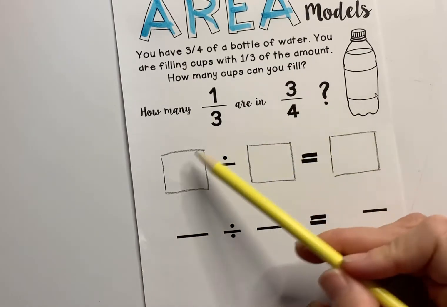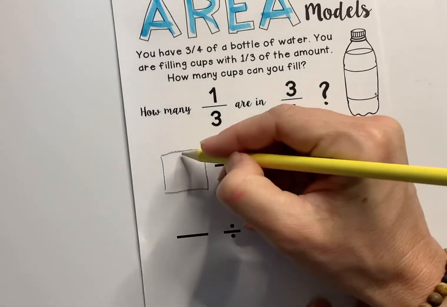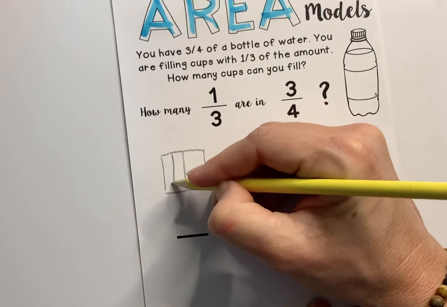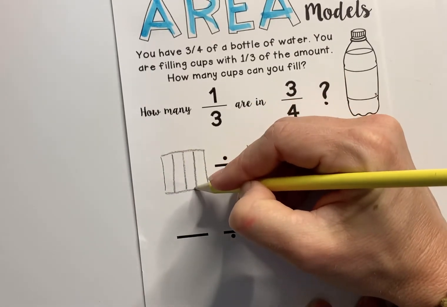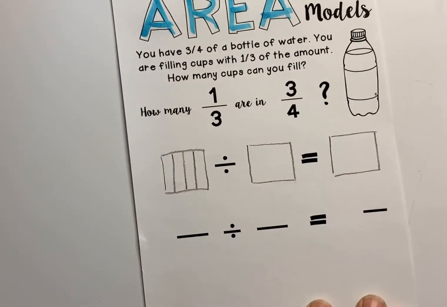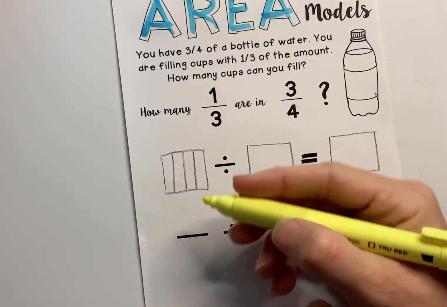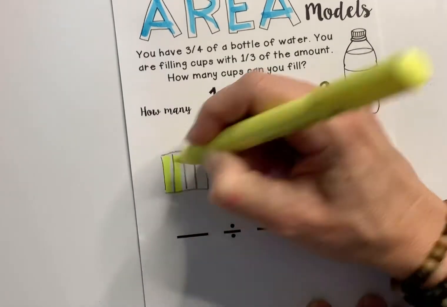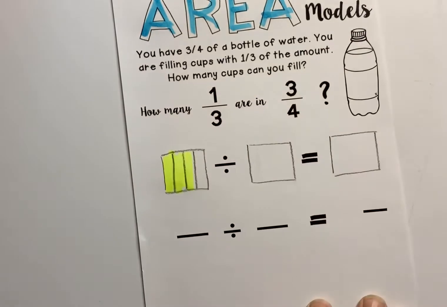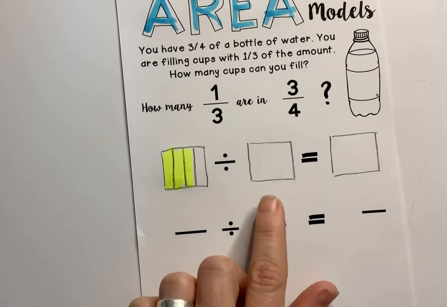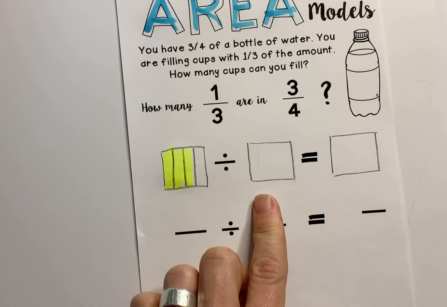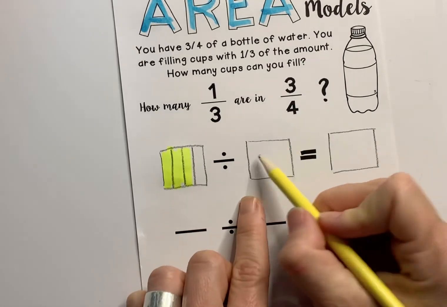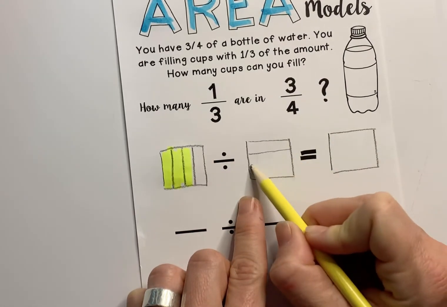So 3/4 is going to be my first one, and I'm going to divide my amount into fourths, and I want 3 of them. So I'm going to color 3 of them. 1, 2, 3. And the other one is how many 1/3. So I'm going to now make horizontal lines.